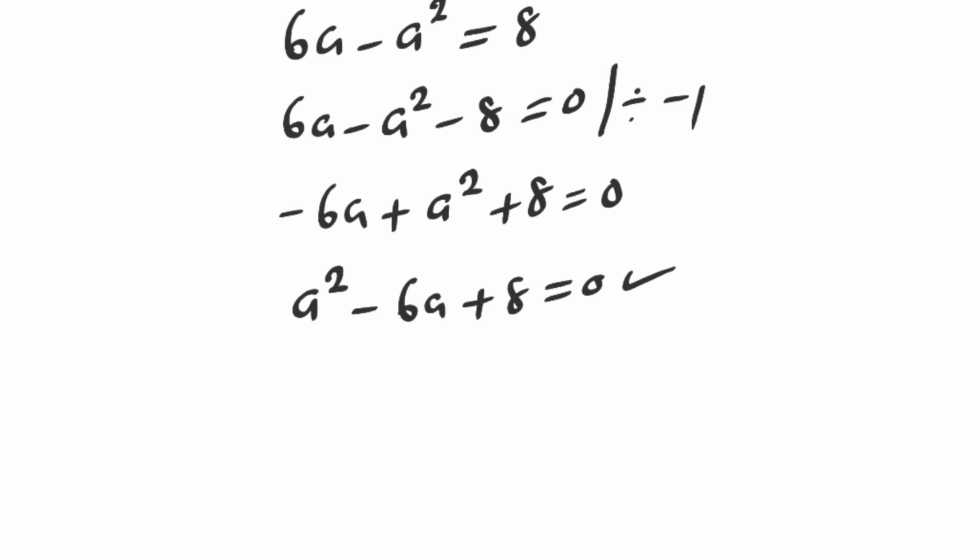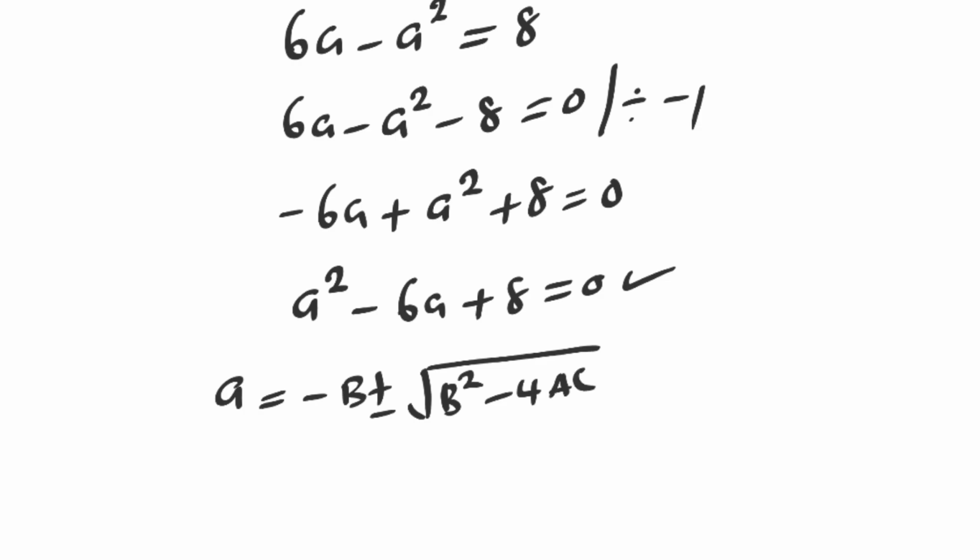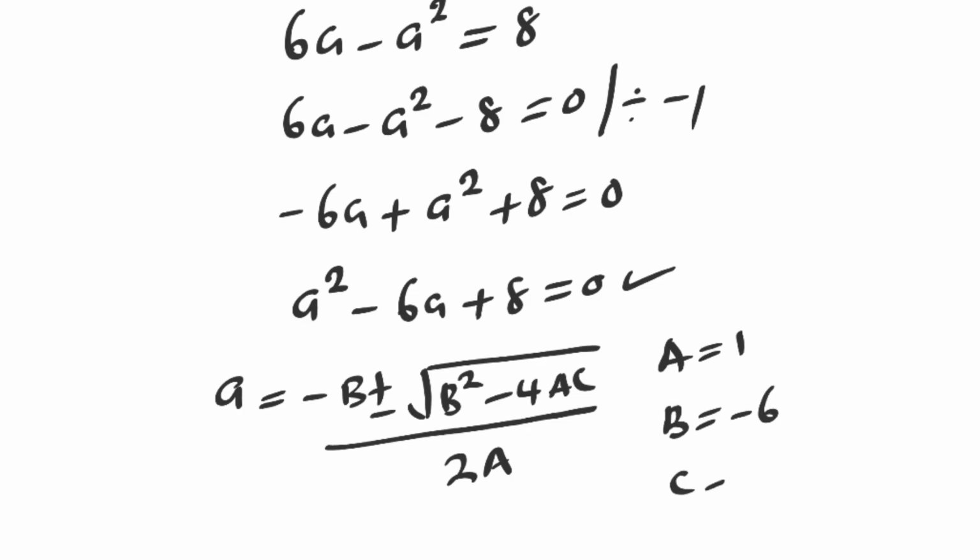Now the quadratic general formula in this form is given as a is equal to minus b plus or minus square root of b squared minus 4ac, over 2a. And from this equation, a is equal to 1, b is equal to minus 6, c is equal to 8.